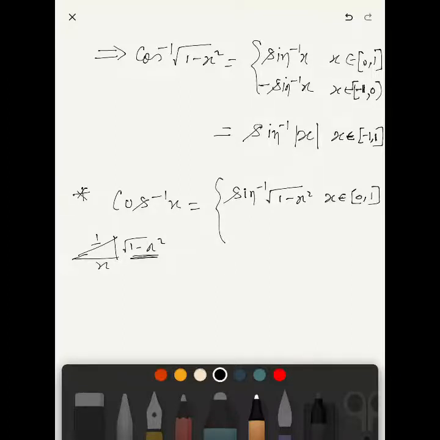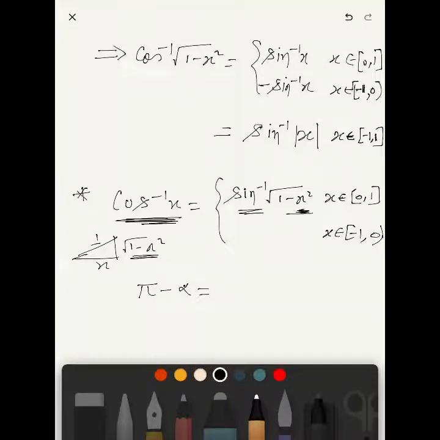And now let us try for the negative one. When you give negative input, which means x belongs to -1 to 0, when your x is negative, this function will give you pi minus alpha, isn't it? And in this function, put minus x in place of x. What happened? Nothing changes, right? So this thing will remain the same.